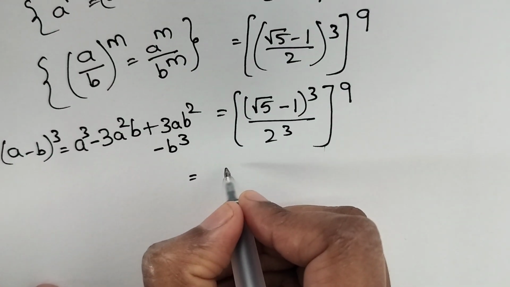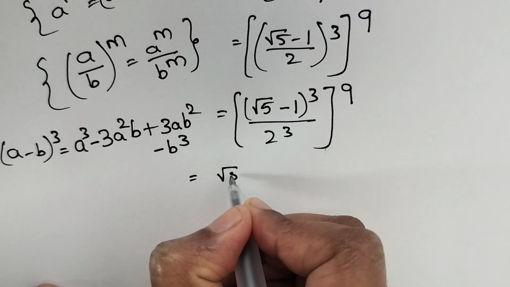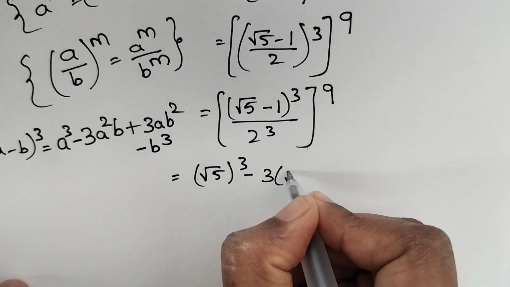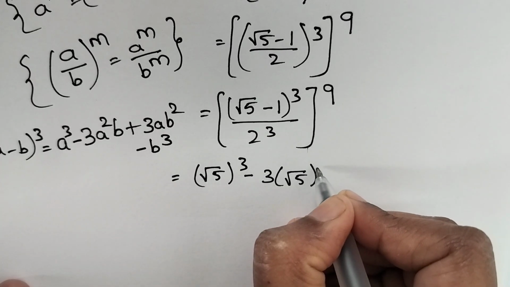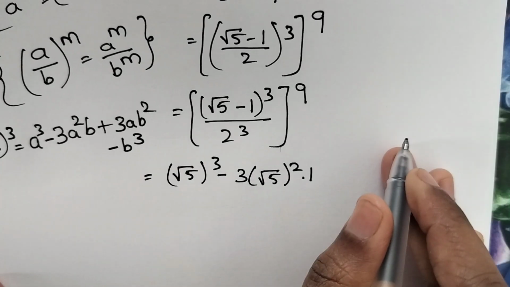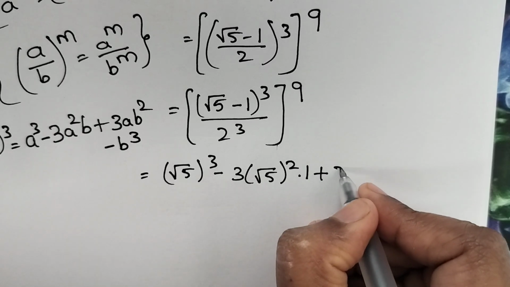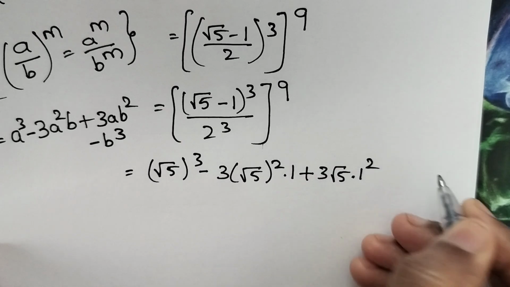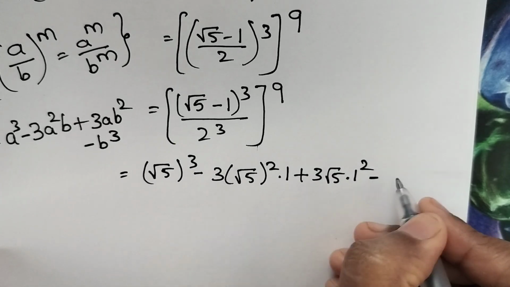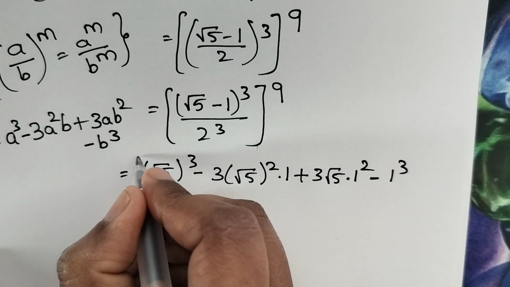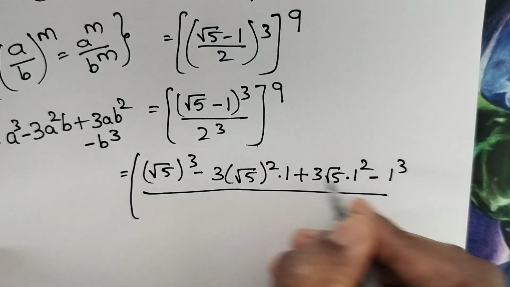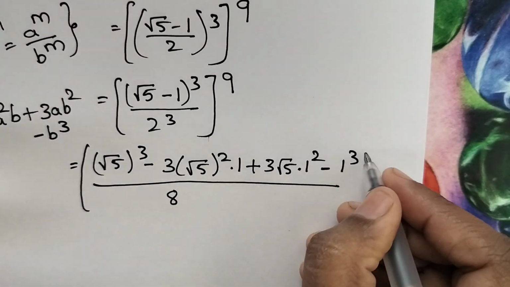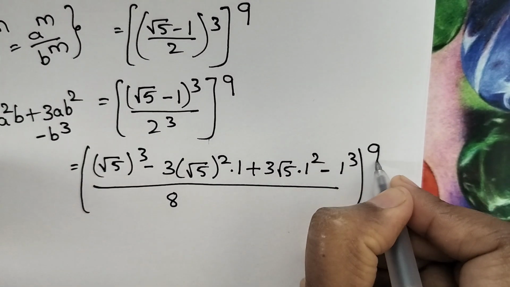Here we can write the square root of 5 cubed, minus 3 times the square root of 5 squared times 1, plus 3 times the square root of 5 times 1 squared, minus 1 cubed, divided by 2 cubed, which is equal to 8, whole to the power of 9.